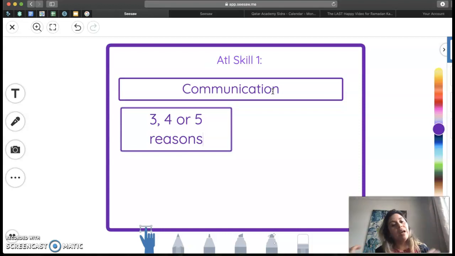Number 3, blah, blah, blah. Number 4, and number 5. At least I want you to support your decision or your selection with 3 reasons. I don't want you just to write down 1 reason, because if you have improved a lot on these, it's because you have many reasons about that. Okay? So at least 3 reasons.